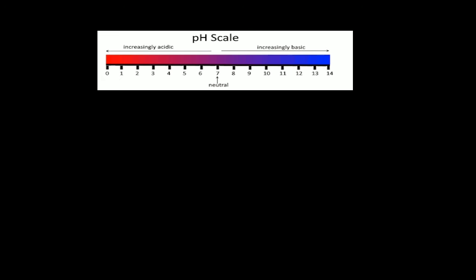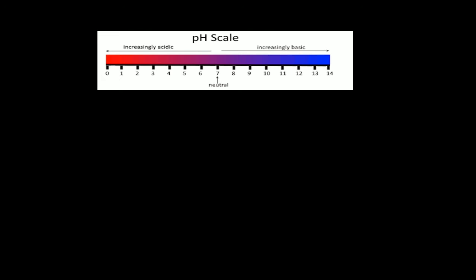If we take such a solution and test it with the pH scale, it will lie exactly at 7. So 7 is given for neutral solutions.